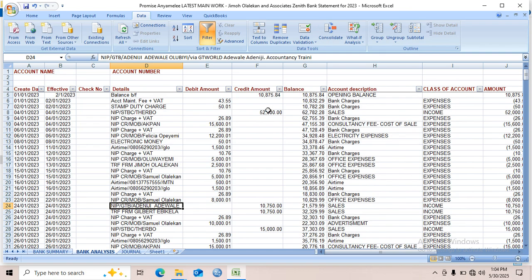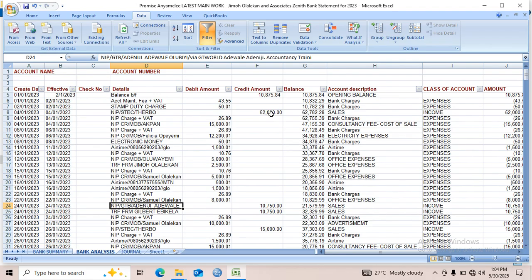So since you are lending money to your business, it will not be sales, because most people, like beginners, think that everything on the credit side of the bank statement is just sales. No, most of them are not sales. Some are money that you lent to your business.